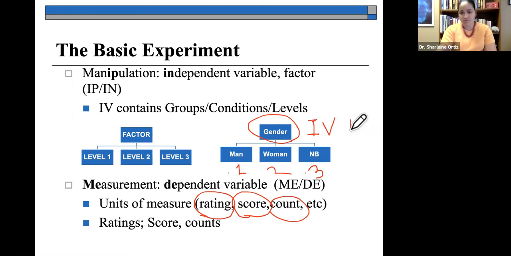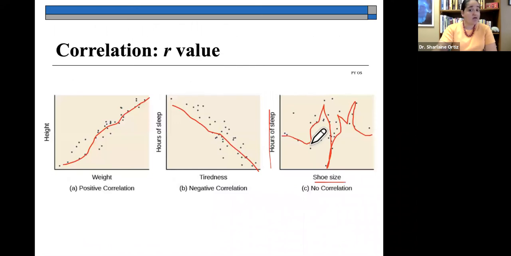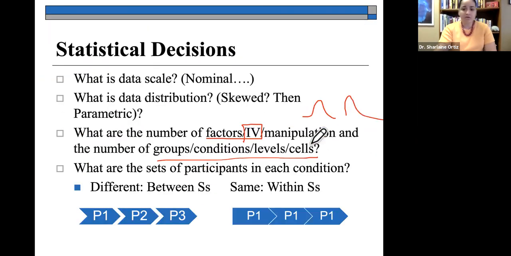So we have one IV with 3 levels. Notice that's another decision that we have to make: how many variables and how many conditions or levels do we have for each one. The other thing is we need to find out what sets of participants we are going to have for each condition or each level.